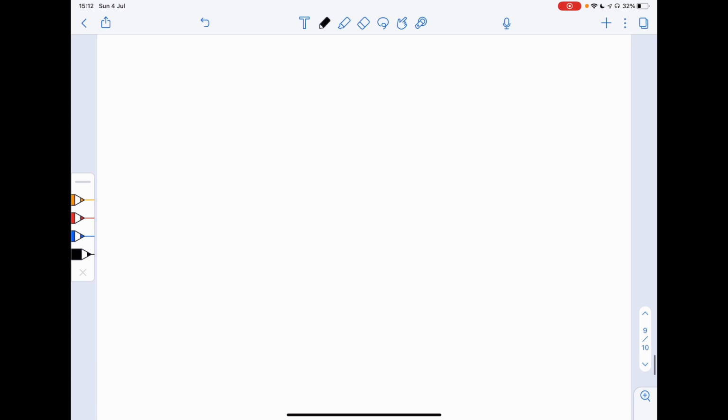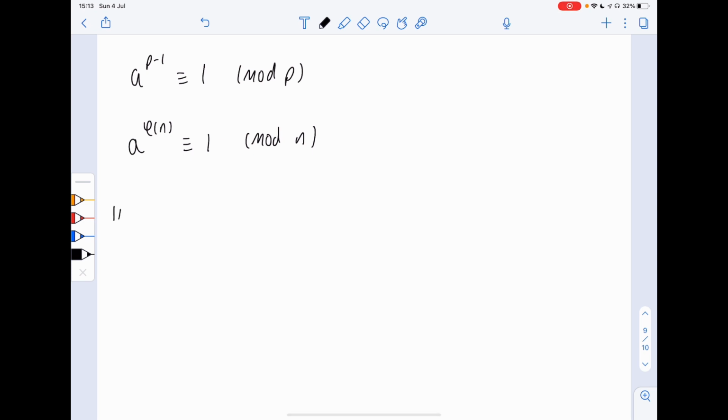We're also going to rely on something else. Fermat's Little Theorem said that a to the power of p minus 1 is congruent to 1 mod p. I'm going to generalize this a bit and say a to the phi of n is congruent to 1 mod n. Okay, so if n is prime, phi of n is p minus 1, which is just n minus 1.